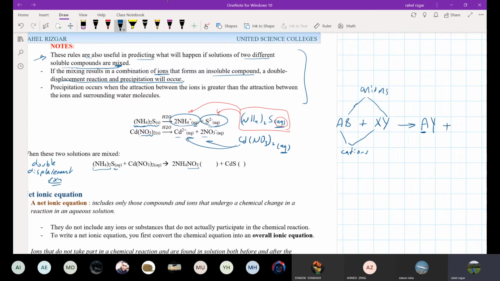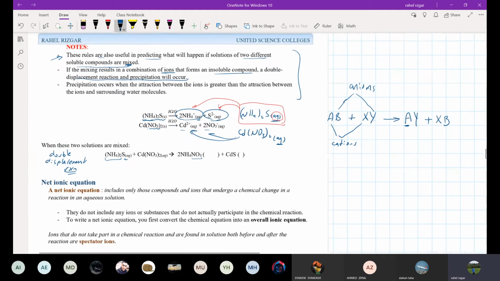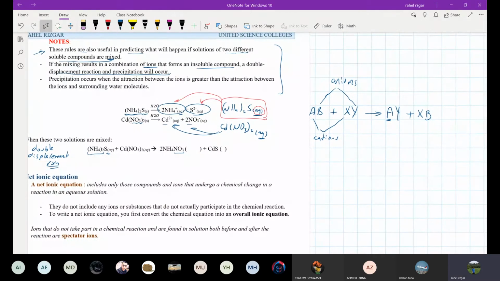But this time A is with the Y, not with the B. This time the X is with the B. So they change places. We call this reaction double displacement, because both of them change places. That's why it's called double displacement.